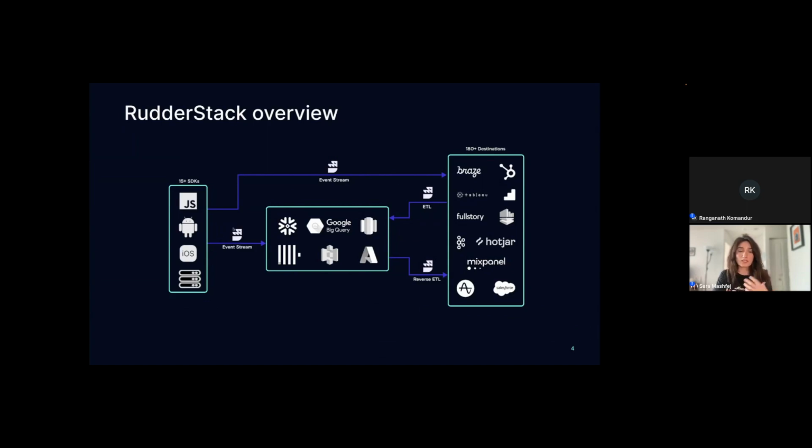So Event Stream is about sending your data either to your data warehouse so that it can be centralized, or to different downstream destinations.